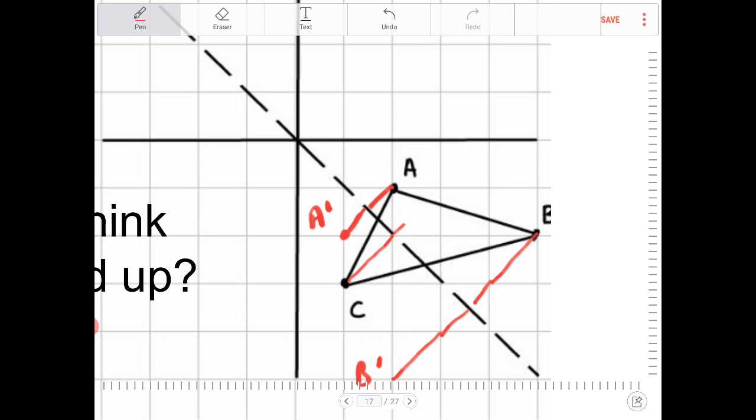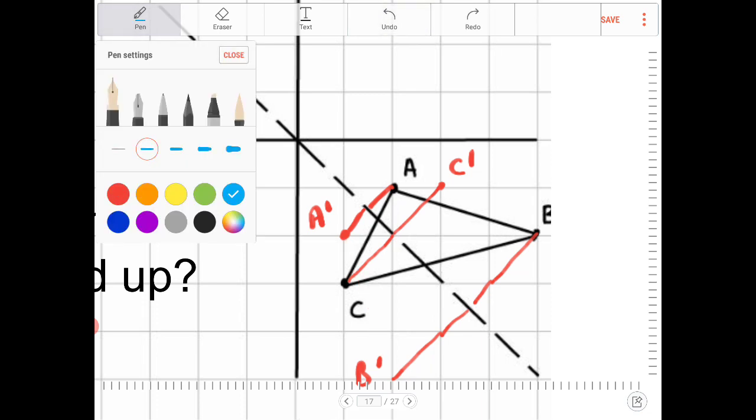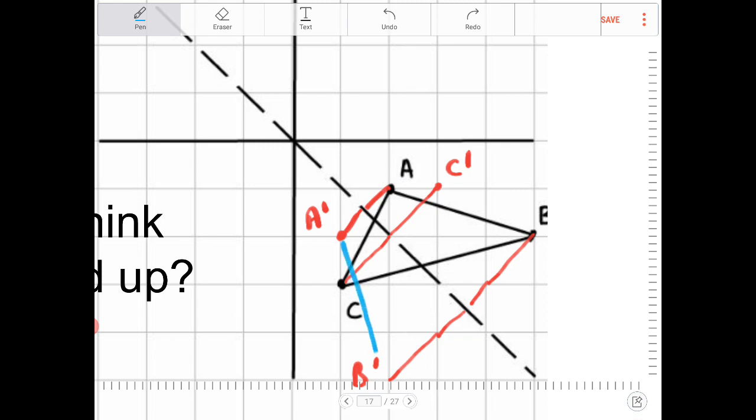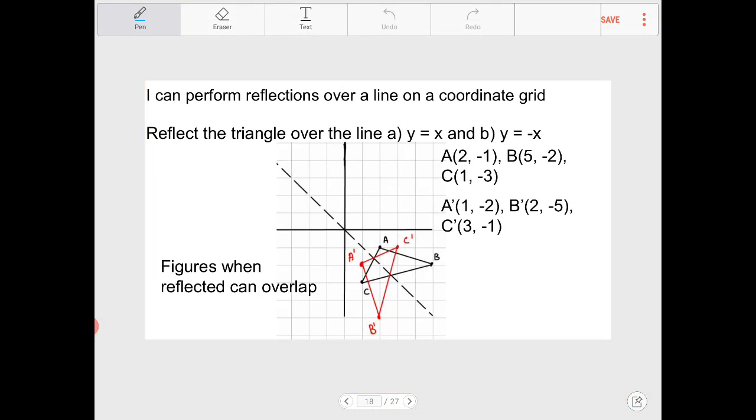So therefore, on the other side, it must also be one diagonal. This is going to be C prime. So therefore, to connect all these points together, I'm going to use a different color so it stands out. So in blue, this is going to be my triangle. And there you go. This is going to be my final answer here, and these are all the coordinates.